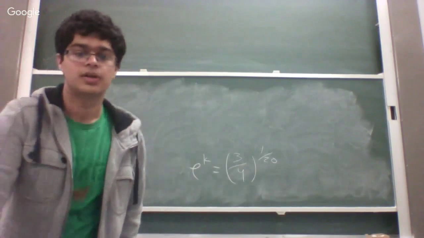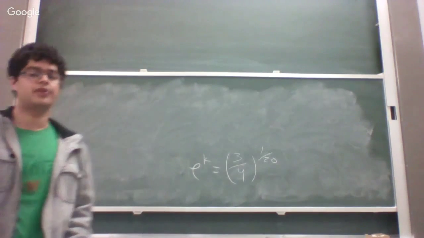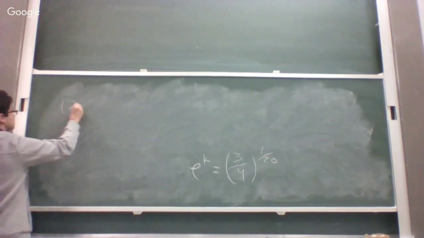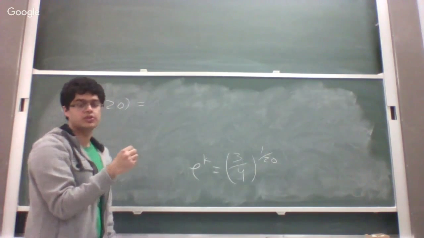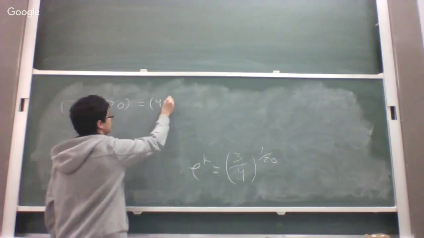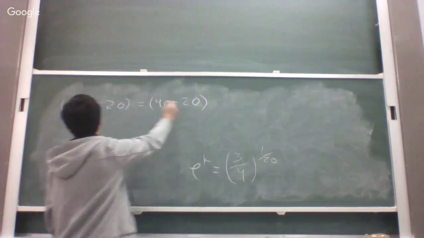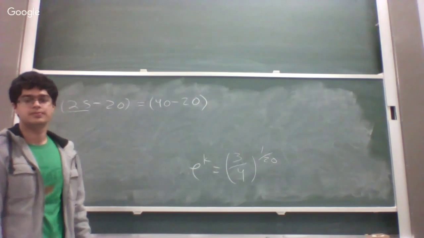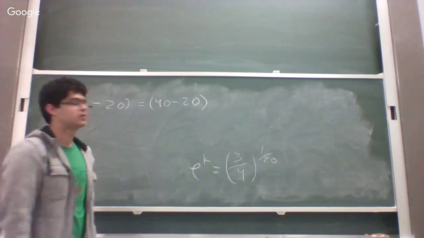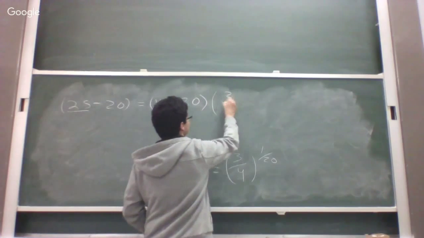This time, they tell us that the object's temperature is 25. So we have 25 minus 20 equals 40 minus 20 times e to the k. Is it a different problem now? No, they tell us that the temperature is 25 and they want us to find the time. Using what you did, we know e to the k is 3/4.